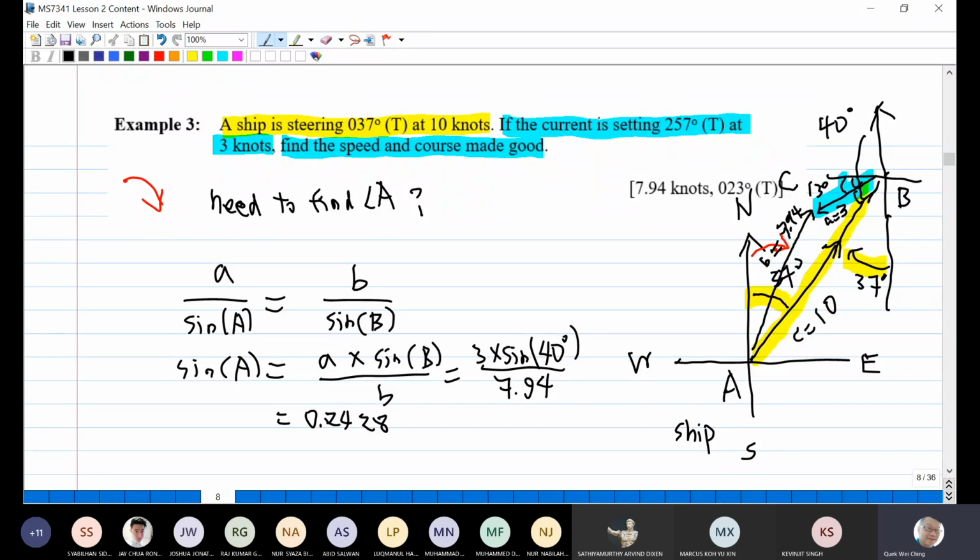So A is equal to, usually you press the calculator, you press shift, then sine inverse, right? Shift, then sine inverse, the answer.